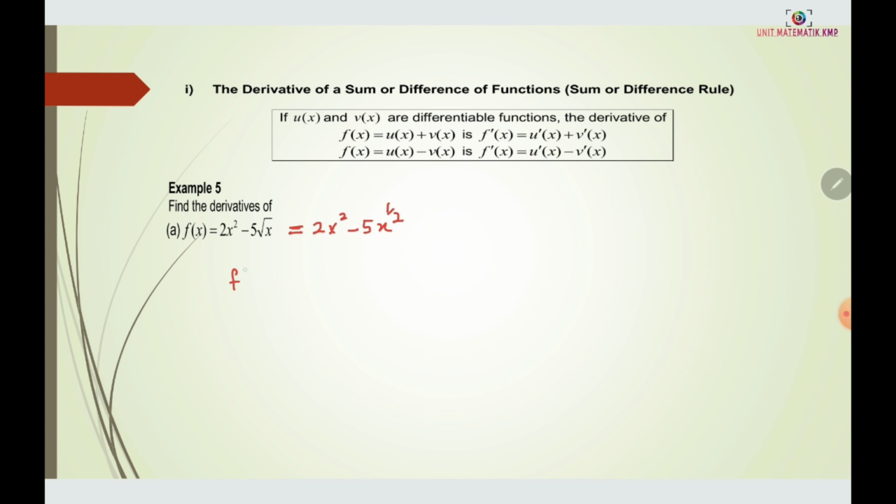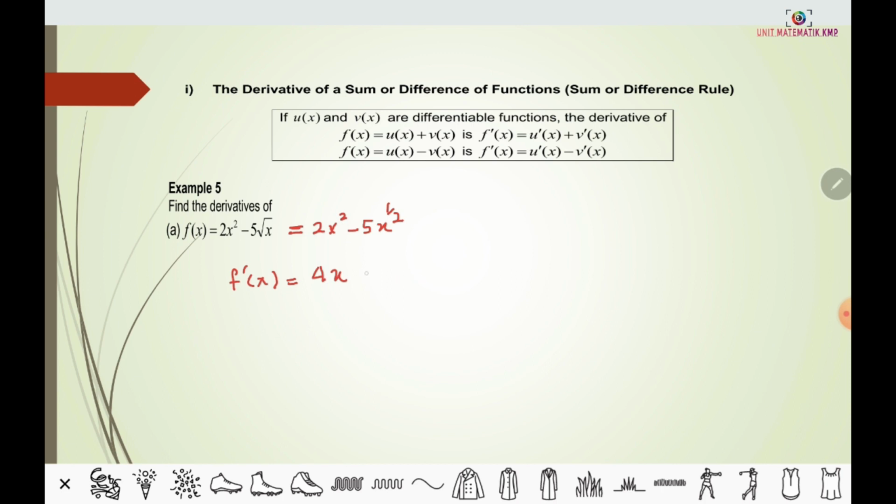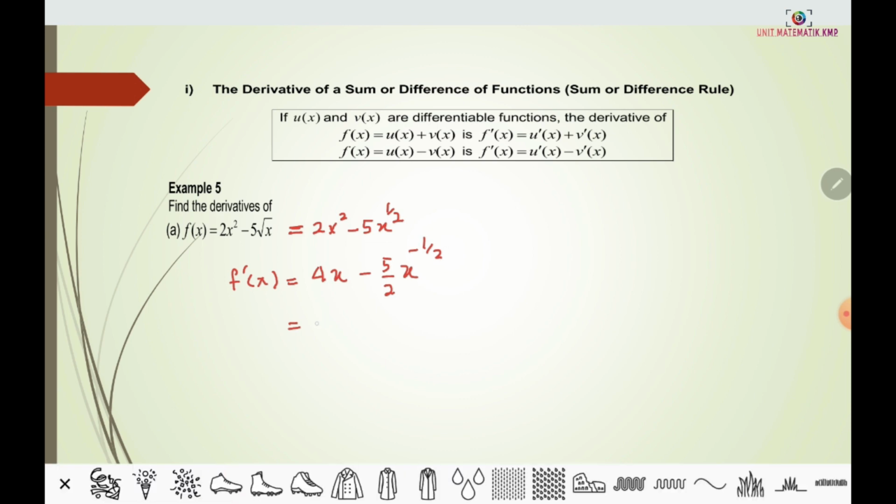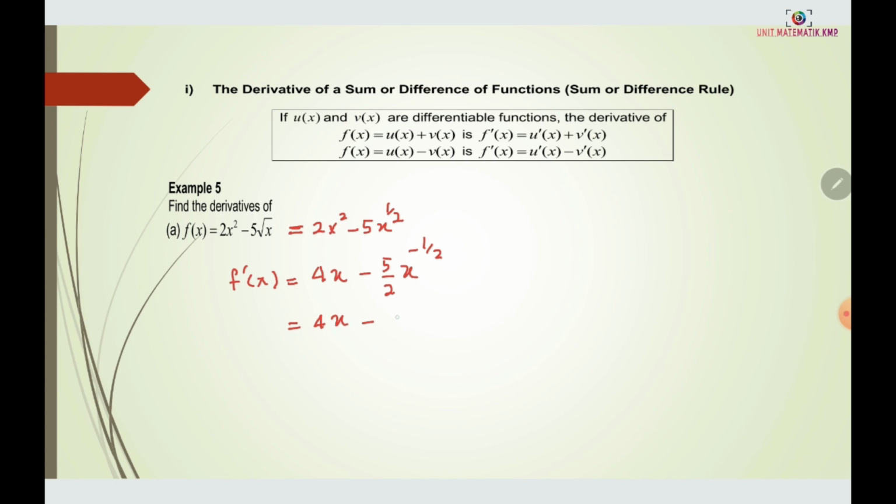Okay, so we differentiate f(x), so we get f'(x): 2 times 2 equals 4, and then x power of 2 minus 1, so we get x power of 1, minus 5 times 1 over 2, so we get 5 over 2, and then x power of 1 over 2 minus 1, so we get negative 1 over 2, and then because the power is negative, we bring it down, so we have 4x minus 5 over 2 root x. Okay, so this is the answer.